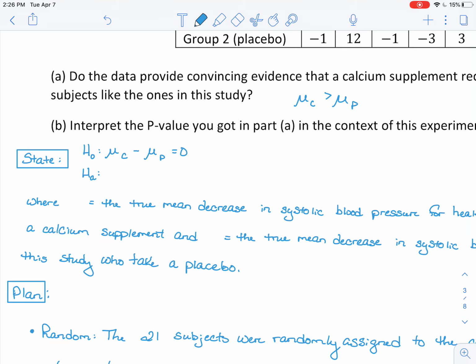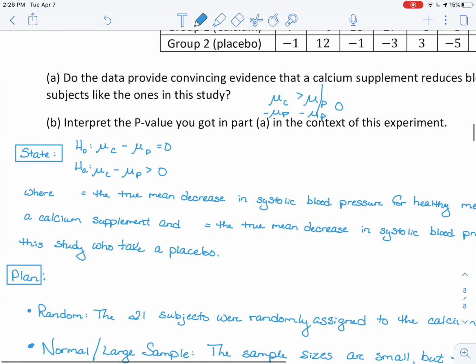When you're trying to figure out the order for this one, I would think the average of the calcium is going to be more than the average of the placebo. And if you rearrange it to our format by subtracting mu sub p, I would have that the difference in these population means is a number greater than 0 after I've subtracted this from both sides.